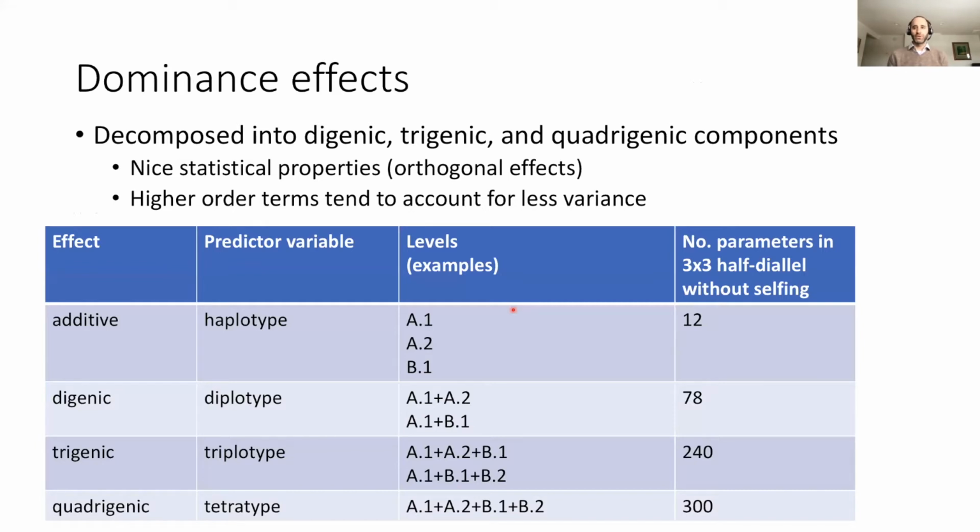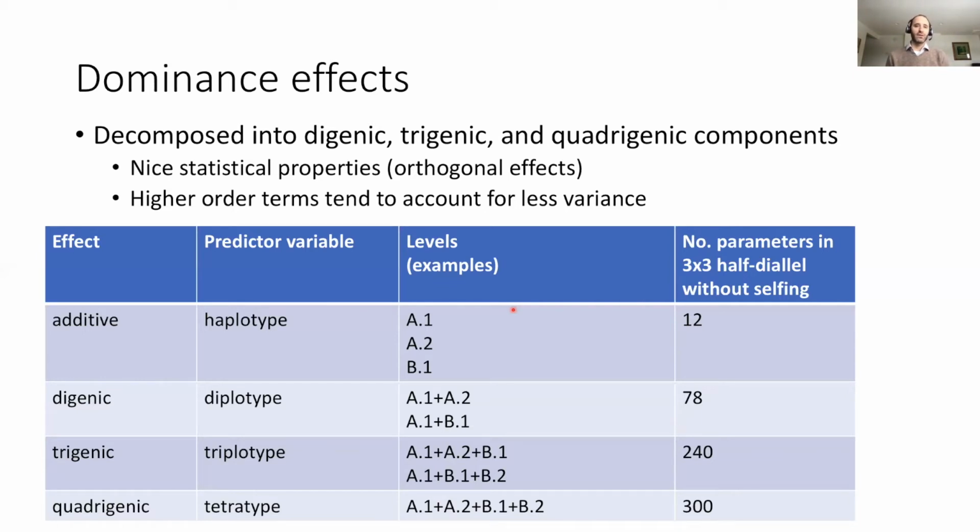What about dominance? So in polyploids, there's more than one kind of dominance. The maximum order of the dominance is given by the ploidy of the species. So in a tetraploid, you have digenic, trigenic, and quadrigenic components of dominance. And this particular decomposition, the one that's used in the software, is probably not the kind of dominance that you're used to thinking about.